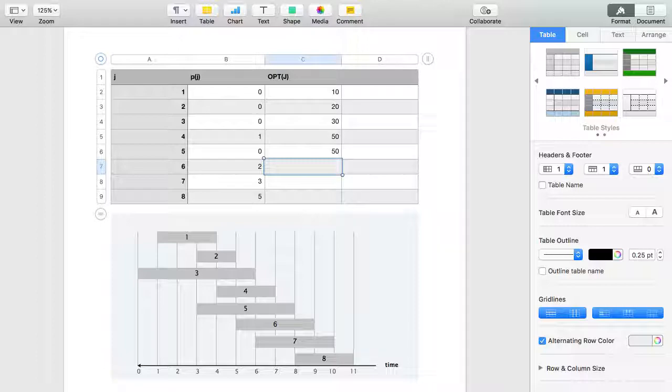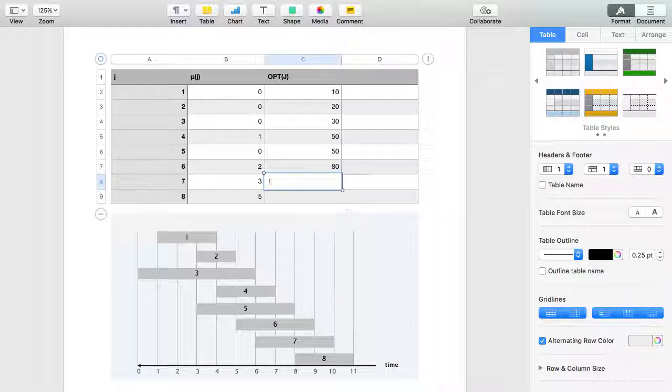For 6, I get either 50 or 80: 60 plus 20, which is OPT of 2. So I'll choose 80. For 7, I'm going to do either OPT of 3, which is 30, plus 70, so that would be 100, or 80.